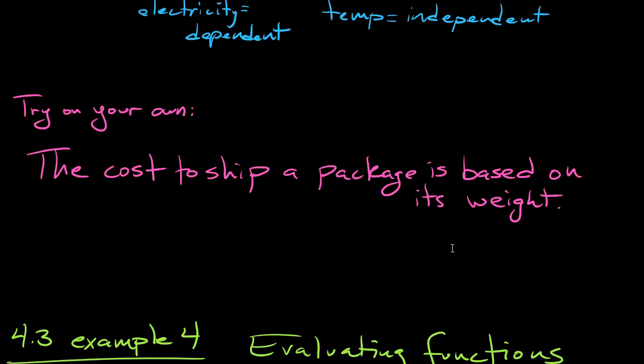Gracie. And I don't know if you're still writing this down or what. Do you have a thought as to which one is independent, which one is dependent? Okay. And is there anything in the words here that kind of stuck out to you to tell you which one is which? Perfect.